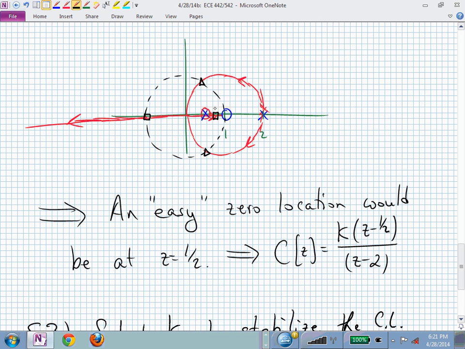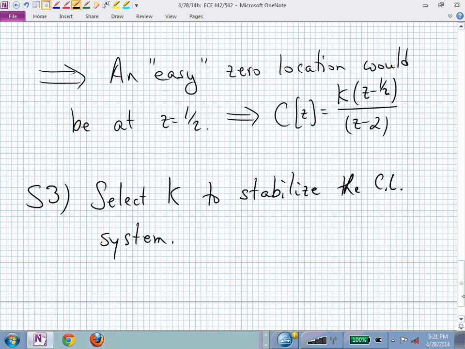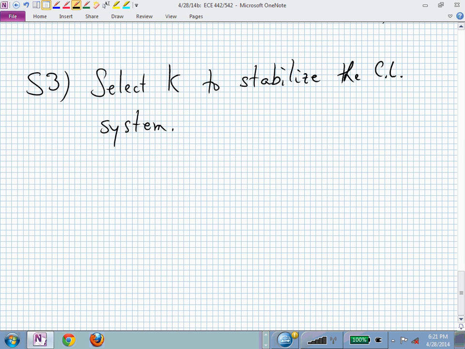Now what do you do? So is it easy to calculate the gain k to get you right to the origin? You can find the gain expression, I hope. That's just the magnitude condition. That's the magnitude of c of z, g of z equaling 1.